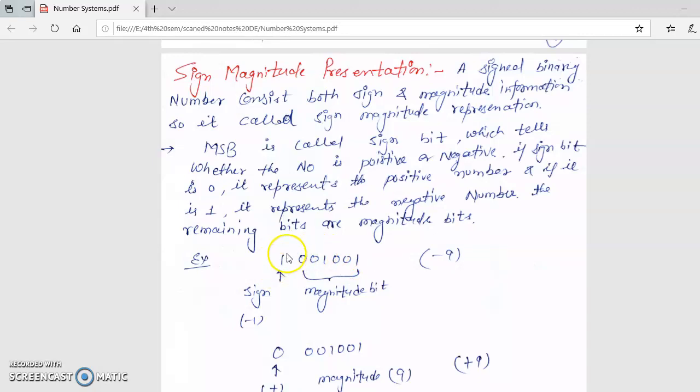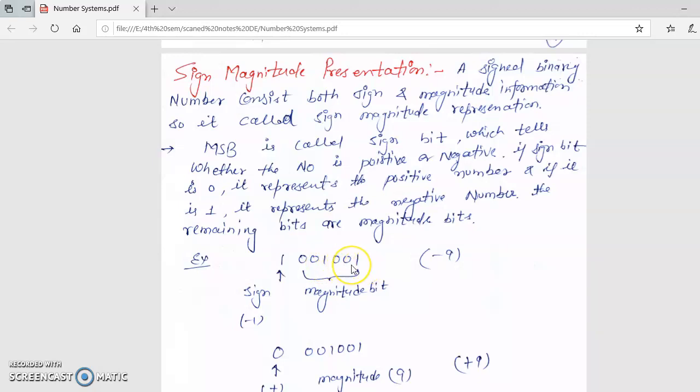This is the LSB and this is the MSB. The MSB represents the sign bit for any binary number. Here it is 1, so this number is negative. If it is 0, then it is a positive number. The remaining digits give the equivalent decimal: 2 to the power 0 multiplied by 1, plus 2 to the power 3 multiplied by 1, total 9.